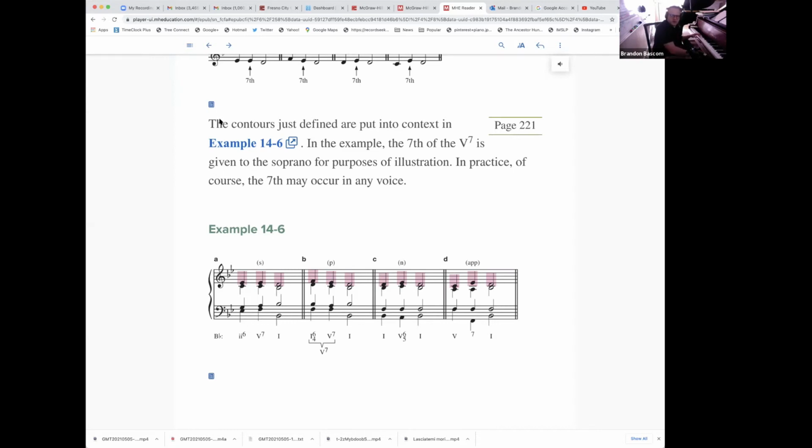Letter C is a neighbor tone. And D is the appoggiatura. I'm sure there's a point to this, but I don't know what it is.